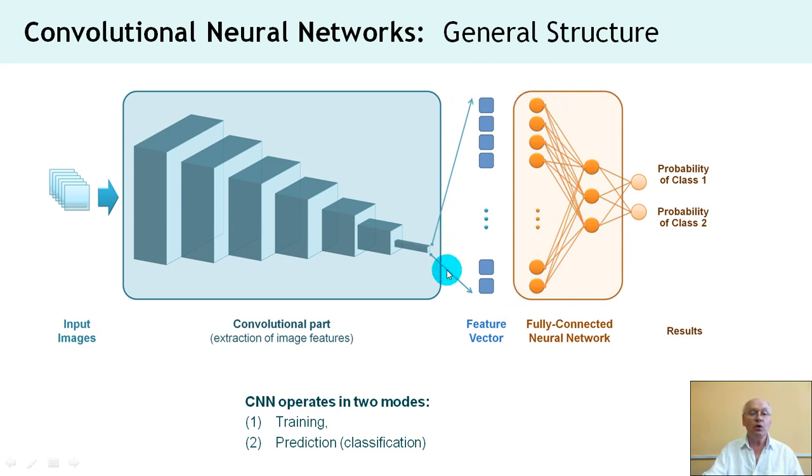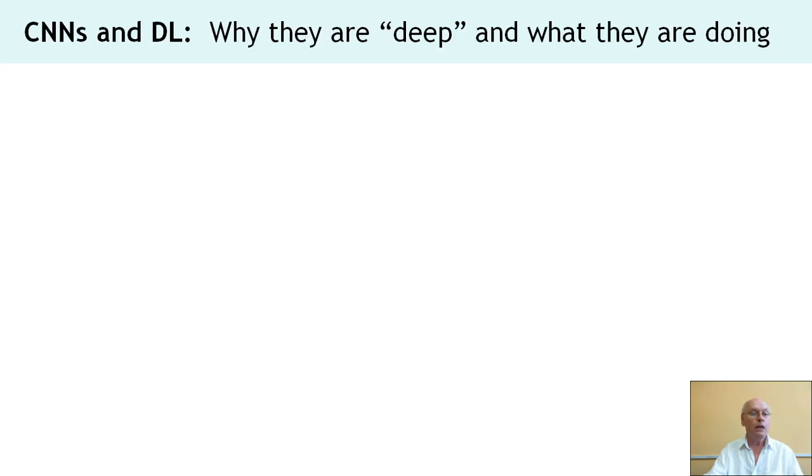Once we get the feature vector, which is the most important part of CNN, feature extraction, we can take it out of the neural network and use any other classifier, or use it for any other purpose we want. So this is the most important convolutional part, or feature extraction part. This is the most important part of convolutional neural networks.